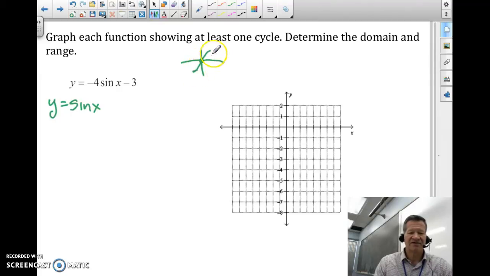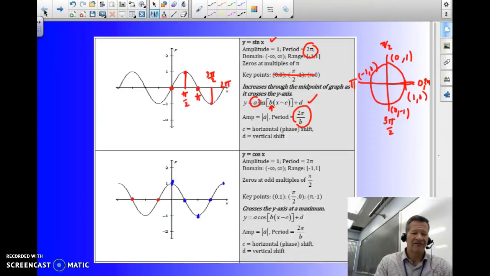Now it's helpful to start out with 3 points on a graph that represent a minimum, a midpoint, and a maximum. And remember that as we go over the main graph, all these important points are pi over 2 units away. Every quadrantal angle, 0, pi over 2, pi, 3 pi over 2, 2 pi, and so on. So every pi over 2 something happens.